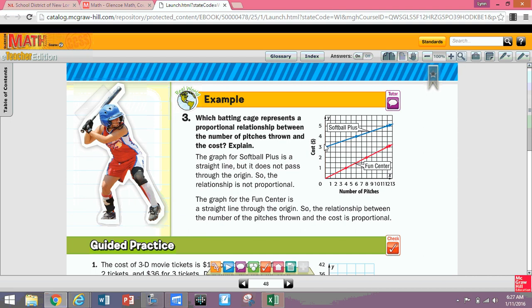Softball Plus, though, does not go through the origin. Fun Center does. So you would say the graph for Fun Center is a straight line through the origin. So the relationship between the number of pitches thrown and the cost is proportional. That would be a perfect example of what you would say to answer this question.